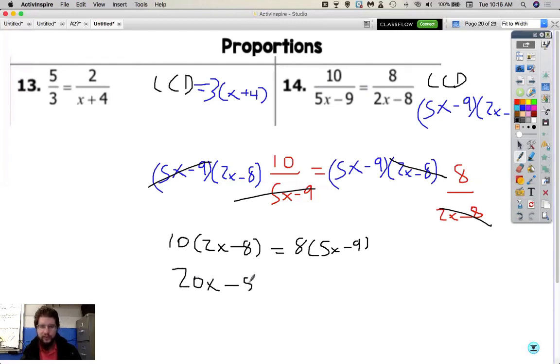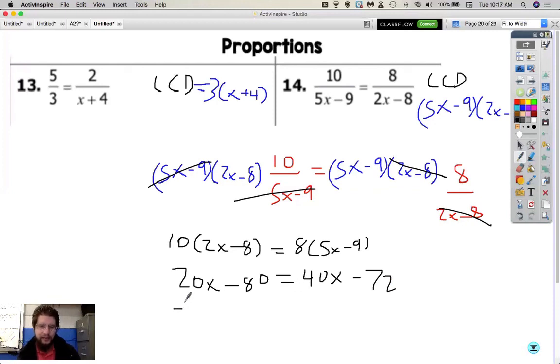20x minus 80 equals 40x minus 45. Wow, I multiplied 5 times 9, so 8 times 9, 72. Get my x's on one side.